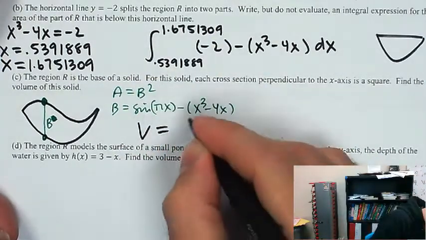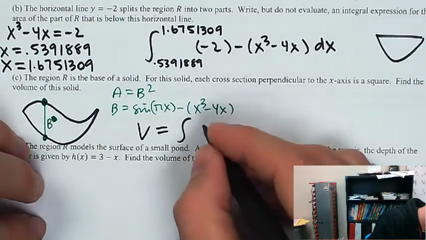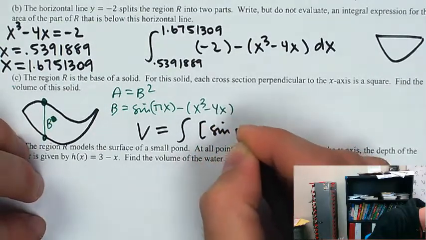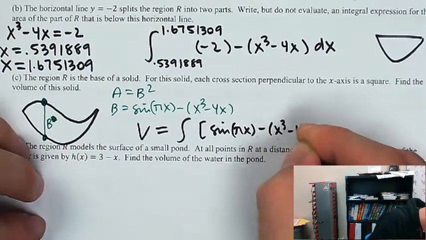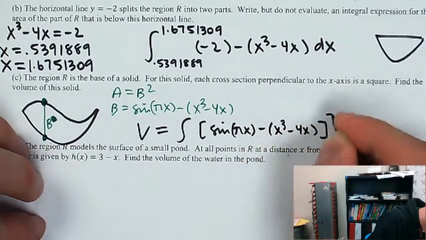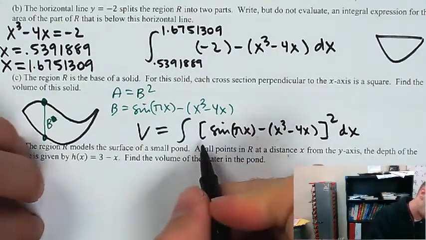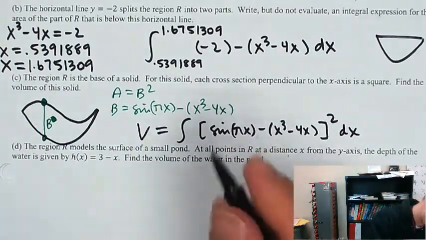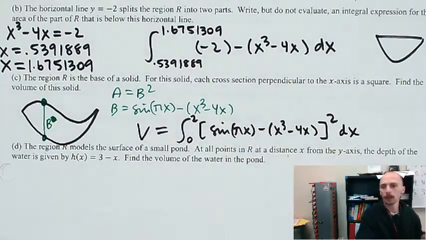Now the volume is the integral of base squared, and x is going to go from 0 to 2. Now, maybe I will do this one.